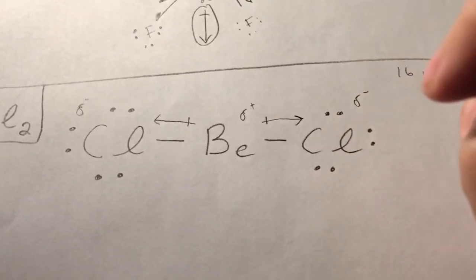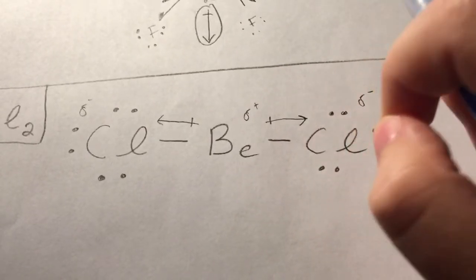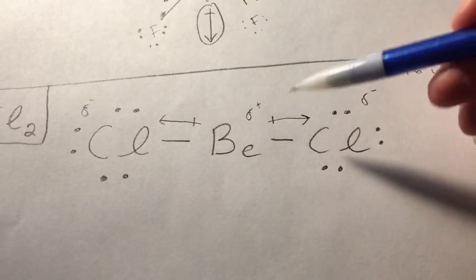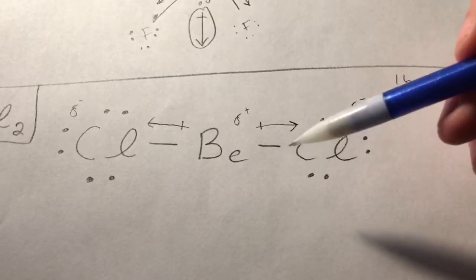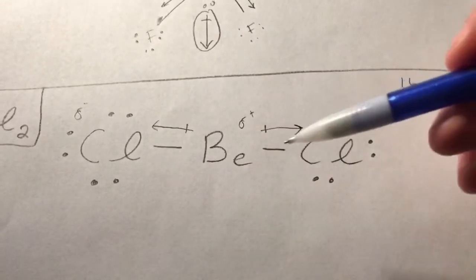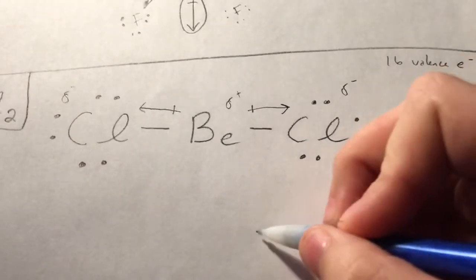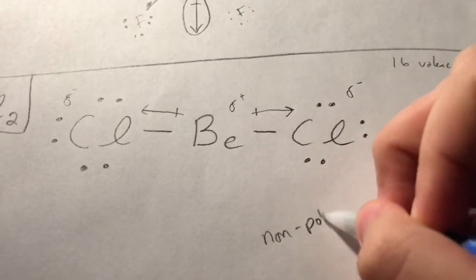And we know with linear molecular geometries, the dipole moments are going to cancel out. As you can tell by looking at them, they're going in opposite directions. So they're going to cancel out, and the net dipole moment is going to be 0. And when the net dipole moment is 0, we know that the molecule is nonpolar. So we know that BeCl2 is going to be nonpolar.